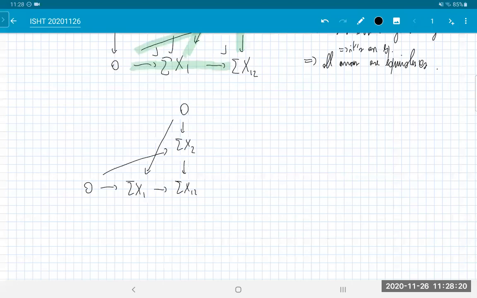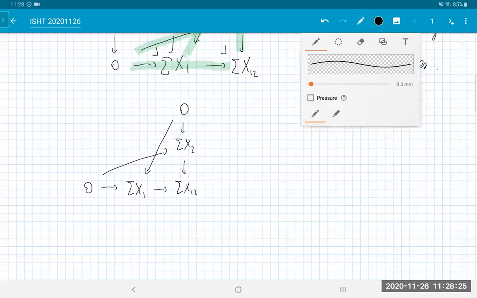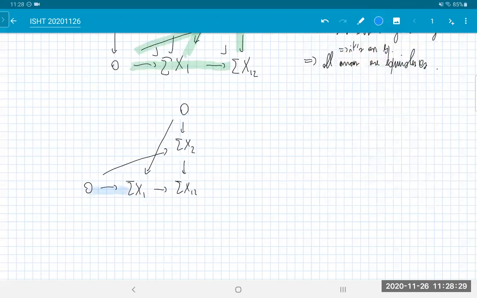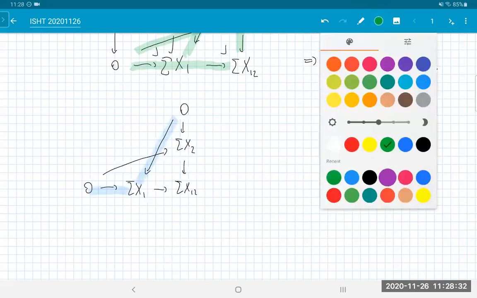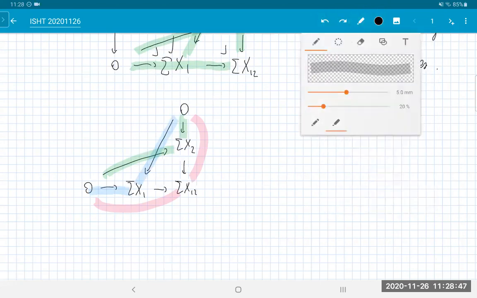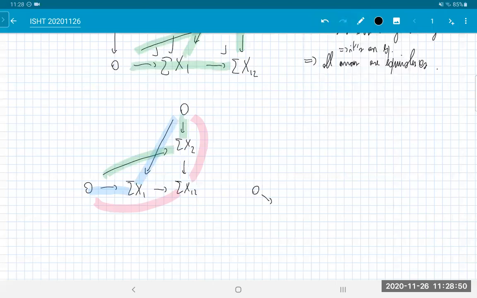So you can see three diagrams here, and you can picture them, for example, like this, and like this. And the idea is I can compute this limit as the limit of this bigger diagram.